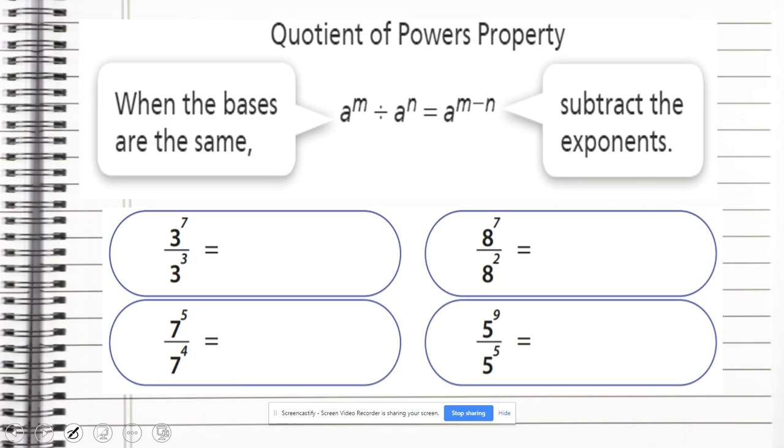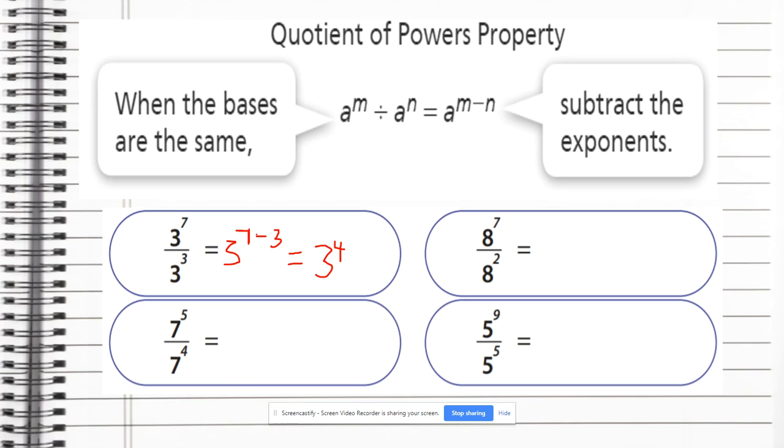So let's practice a little bit. You see the property rule above there. When we have bases that are the same, we're going to subtract the exponents. In the first one, we have 3 to the 7th over 3 to the 3rd. I write 3 as my base, and I show that work, so I know that I'm subtracting 7 minus 3, which equals 3 to the 4th.